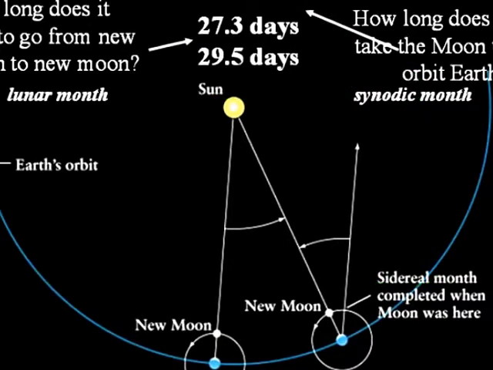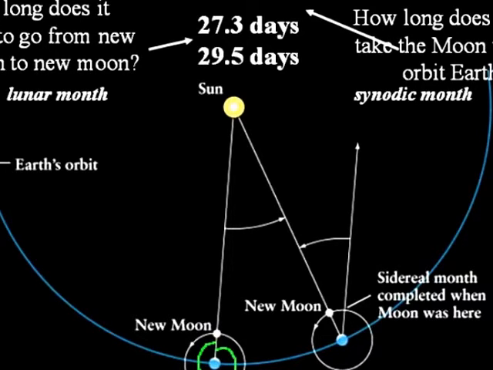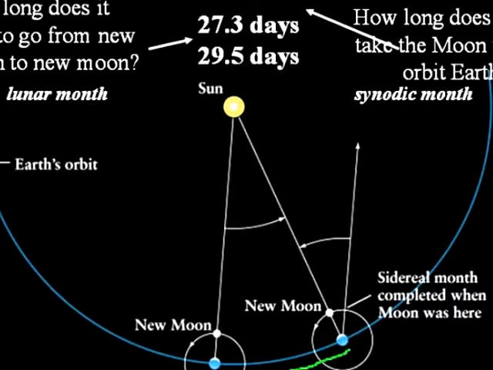Quite simply, a sidereal month is a month where the moon revolves around the Earth by 360 degrees. It's technically one complete revolution. And notice in this diagram here, where we're looking at the Earth revolving around the Sun, that the moon is going from here to here.